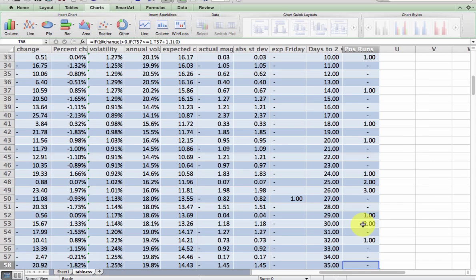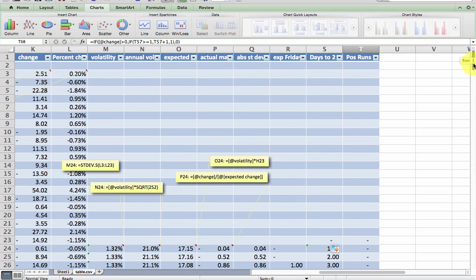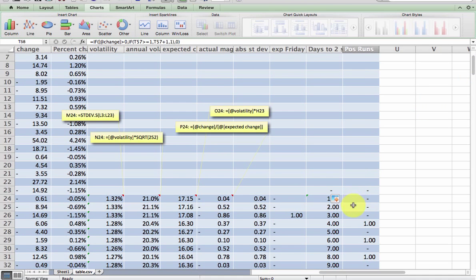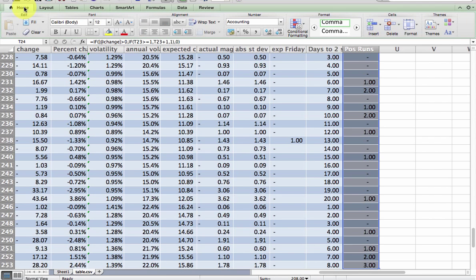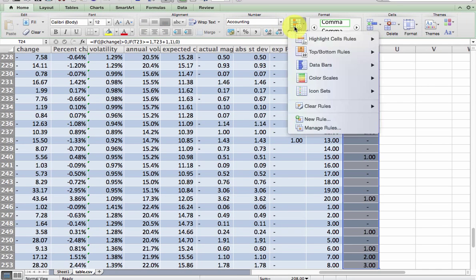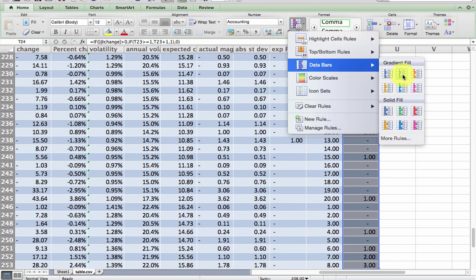If you want to get a quick hit of this so you can visually inspect the column without having to look at it too carefully, we can apply conditional formatting. I'm going to apply conditional formatting and data bars to give us an idea of when big runs are occurring.